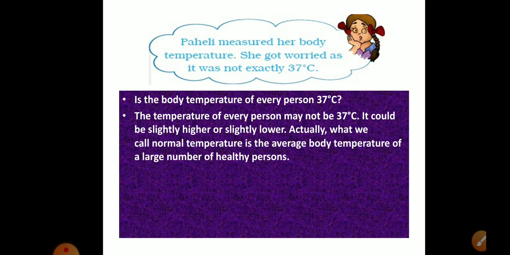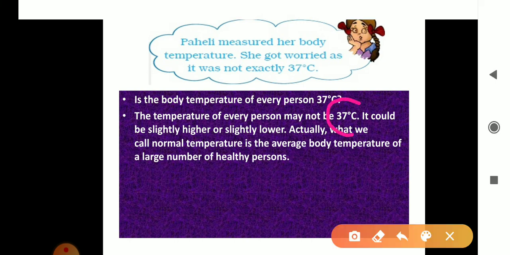Suppose he or she is a healthy person having no problem, having no disease, then is it possible the temperature of every healthy person will be 37 °C? No. Now listen. The temperature of every person may not be exactly 37 °C because this is the average value. It could be slightly higher or slightly lower than the actual value.